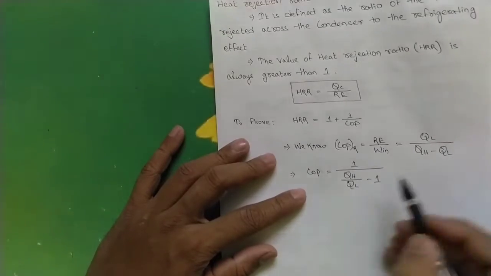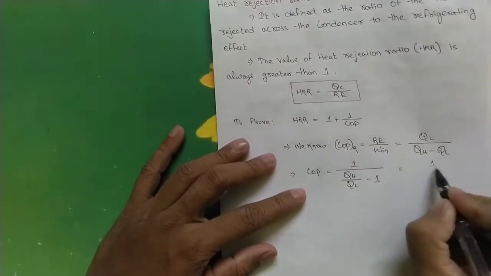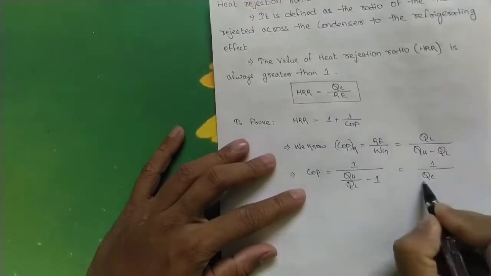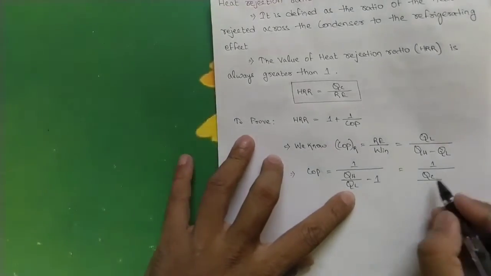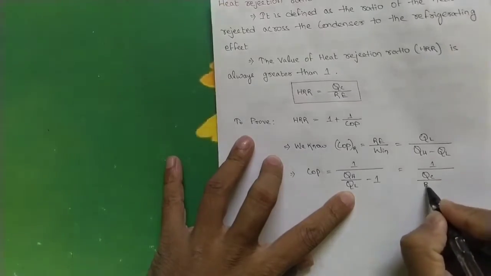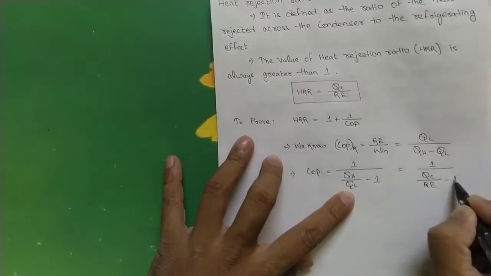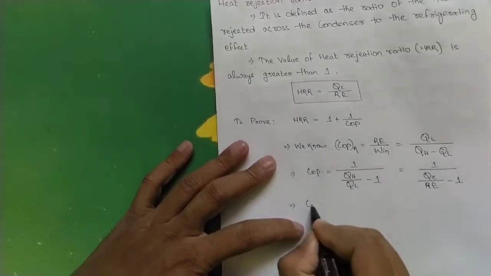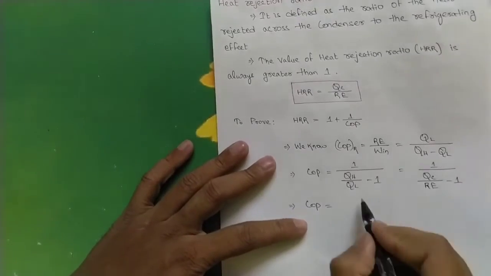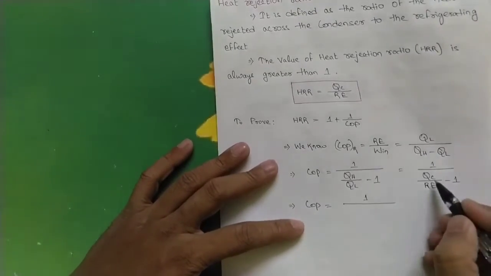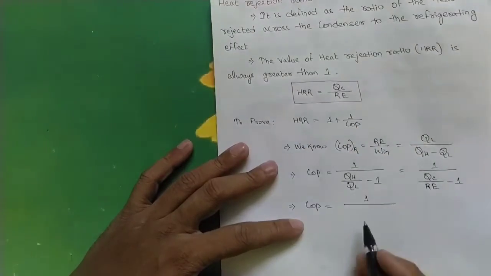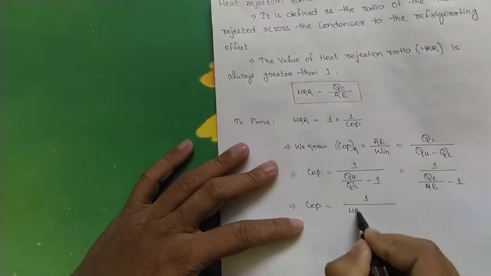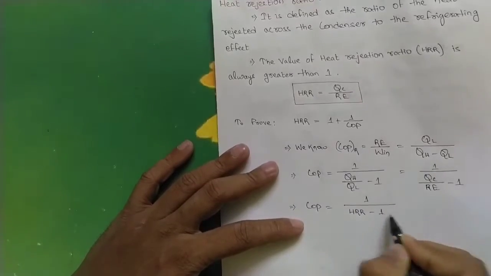Now Q higher is nothing but heat rejected across the condenser, QC, and Q lower is the refrigerating effect, minus 1. So COP is equal to 1 divided by QC by RE minus 1. We know that QC by RE is our heat rejection ratio. So COP is 1 divided by heat rejection ratio minus 1.